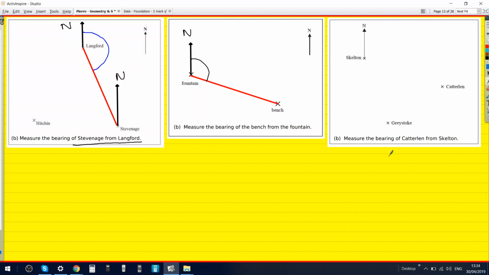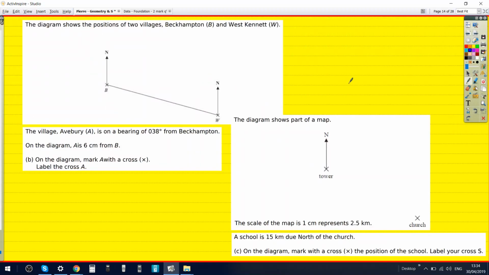Is this loci construction? Is that what this is? It's in the same topic. Right. Okay. So this is kind of part of it. Any idea how you do top left? Top left. Okay. 2 villages. Village A is on a bearing of 38 degrees from Beckhampton.